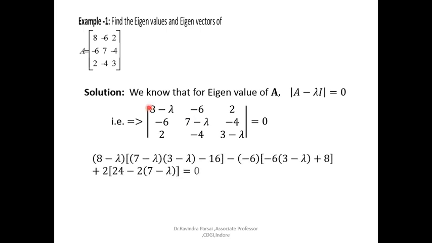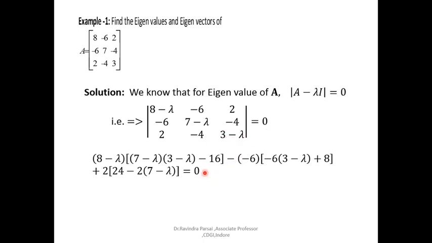On subtracting lambda from the diagonal elements, you will get the characteristic equation: |8 - lambda, -6, 2; -6, 7 - lambda, -4; 2, -4, 3 - lambda| = 0.